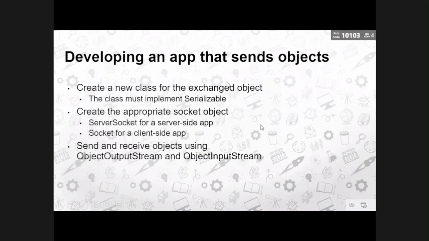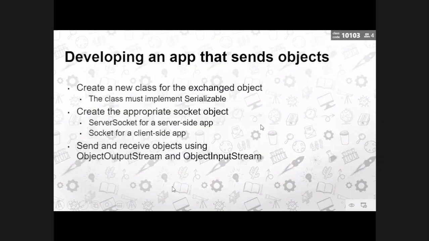So let's go back to the first step. From the previous example, the second approach, the object serialization one, how many classes do you need to create for this approach?